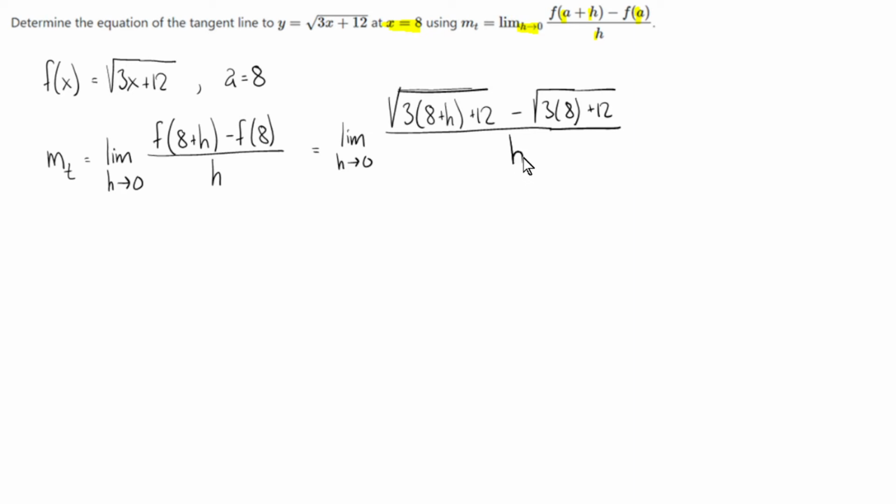That's the numerator. The denominator just says h. We can expand this binomial here in the numerator and evaluate the radicand.